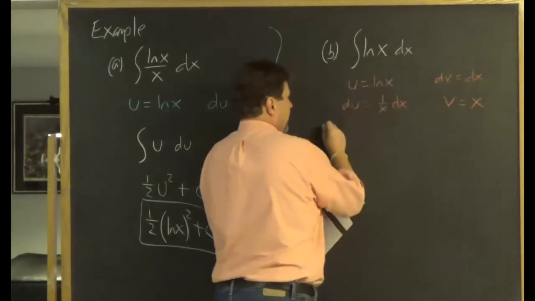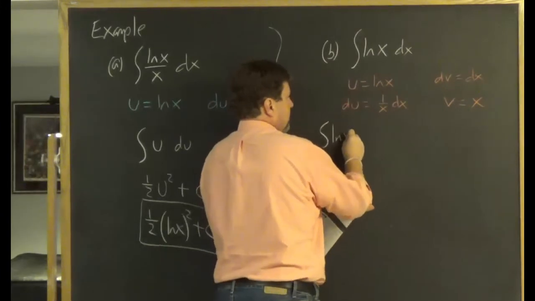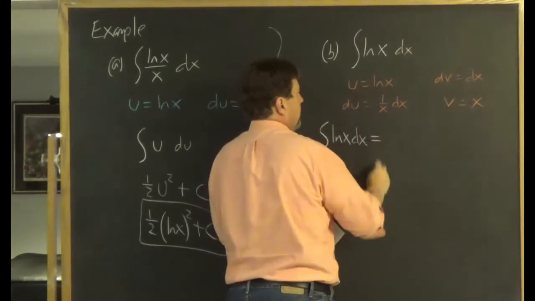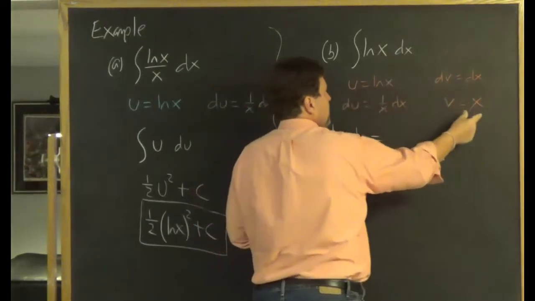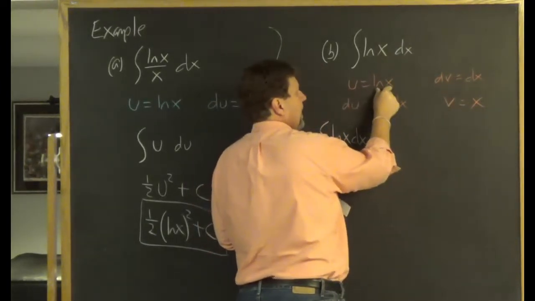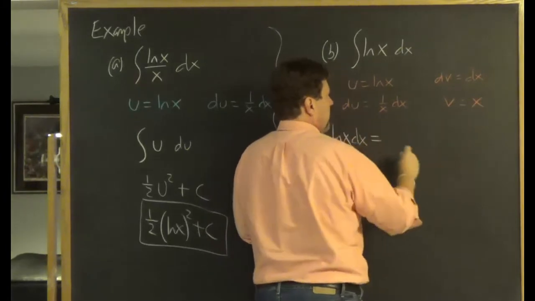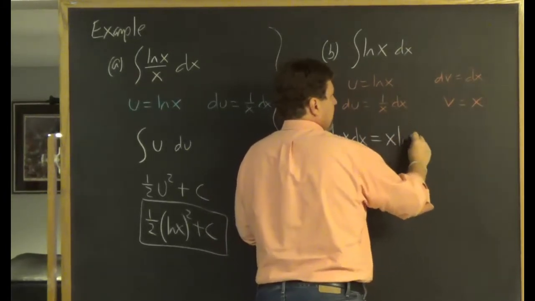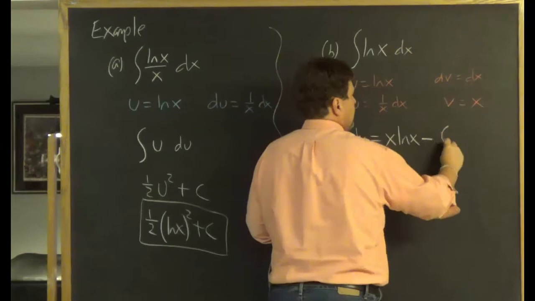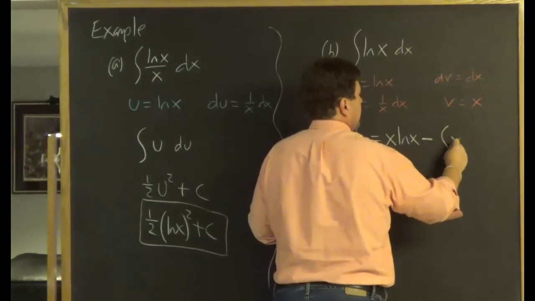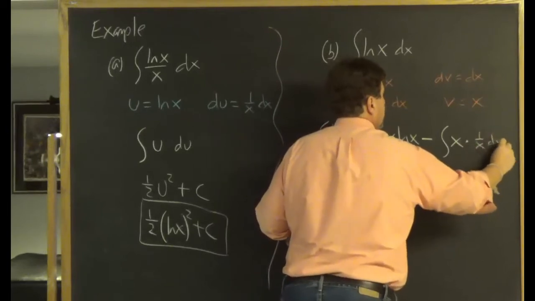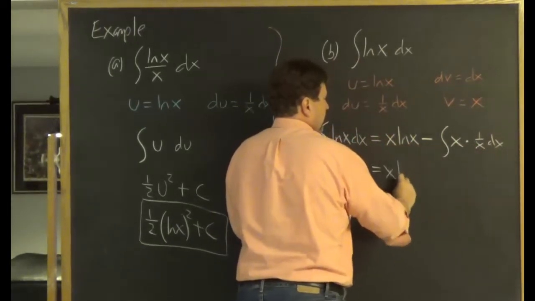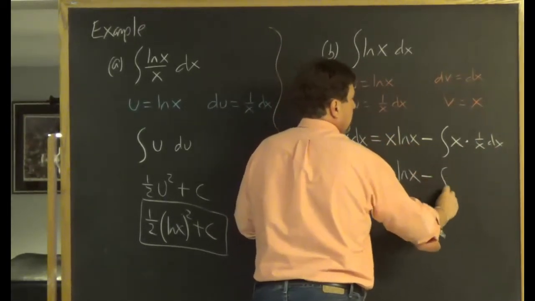So when I crank this through integration by parts, remember the integration by parts formula, u times v. So that's ln x times x, which I will write as x ln x, minus the integral of v times du. Well, look how friendly this is.